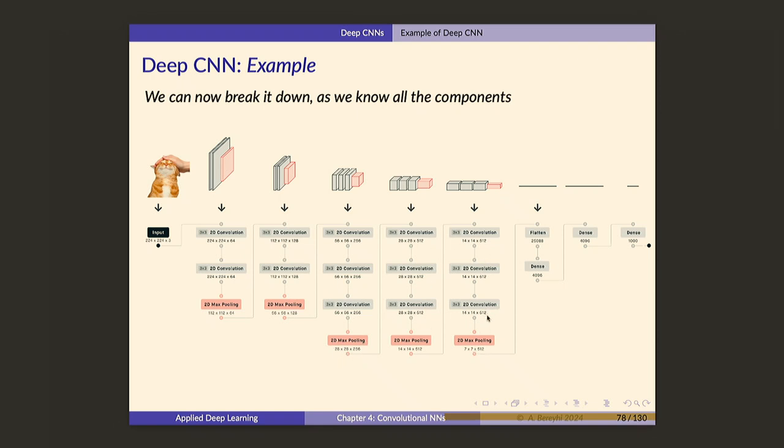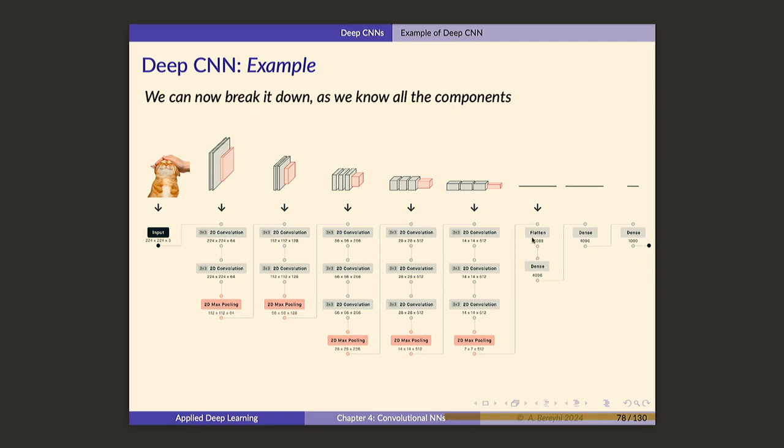So at this point I have 512 different channels, but every single one of them is very small. It's just 14 by 14, right? And hopefully every single one of those 14 by 14 maps is going to focus on one particular hyperfeature that I want. And then again I do the pooling, and then I start to do the flattening.